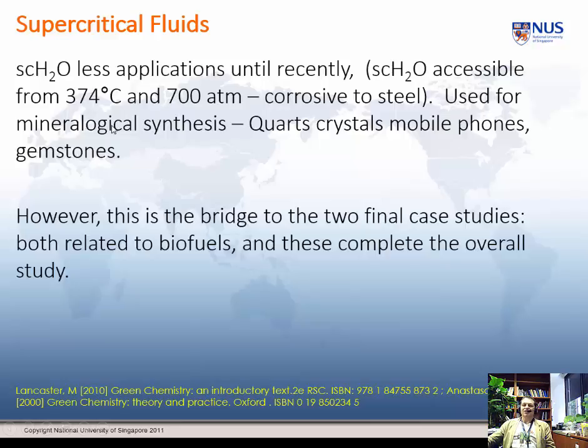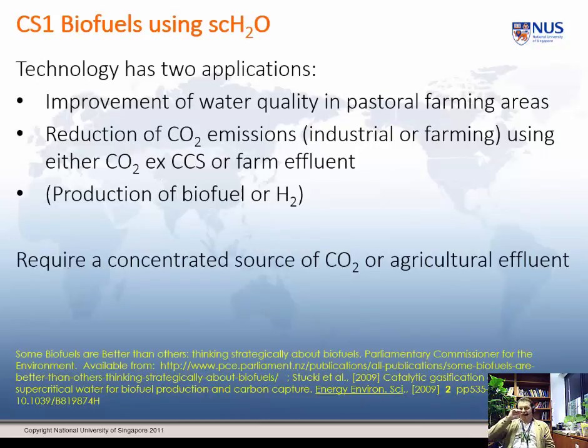It's not really used as extensively. It's also corrosive to steel, which doesn't help. It's been predominantly used for mineralogical syntheses, quartz, gemstones and stuff. However, there's been a recent use in biofuels, so it's a nice bridge to think about this.